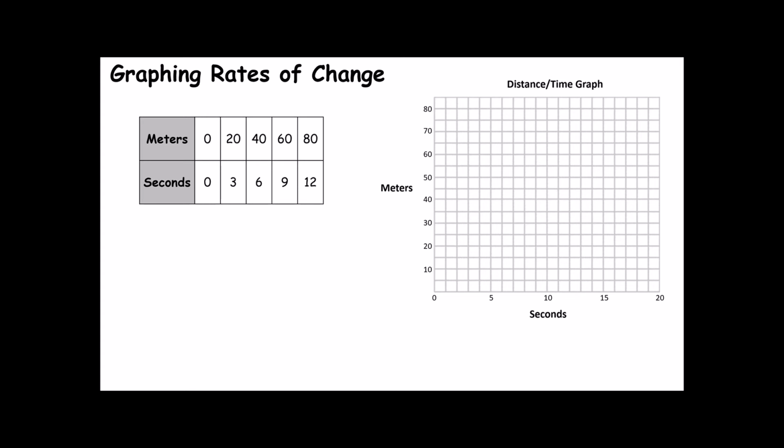So you can see here what I have done is I've copied the table from the previous slide show onto this slide, and I've also added a distance time graph. So I've got a coordinate plane up here that shows seconds along the x-axis and meters along the y-axis.